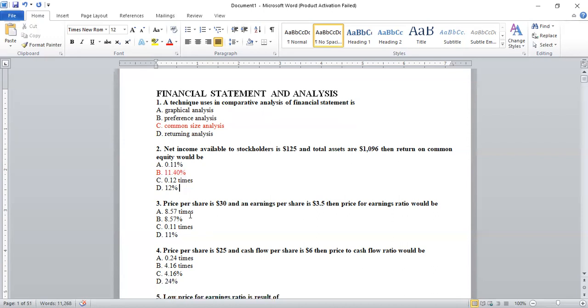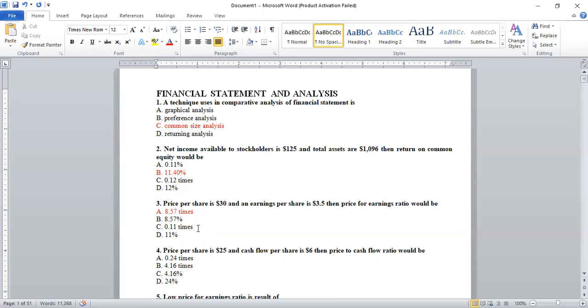The third question: price per share is 30 and the earnings per share is 3.5. Then the price earnings ratio would be, the right answer is A, 8.57 times.